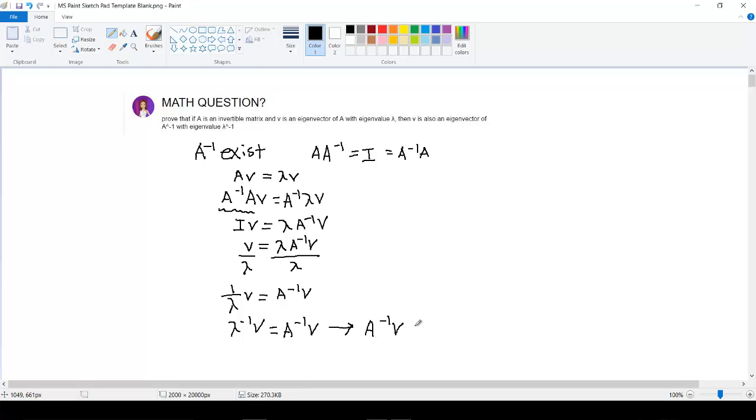You get A inverse V equals lambda inverse V. If you compare this with the basic meaning of eigenvectors and eigenvalues, V is still your eigenvector, just like it was up here, but now you have lambda inverse as your eigenvalue and A inverse as the actual matrix. And there you go. That's how you would prove it.